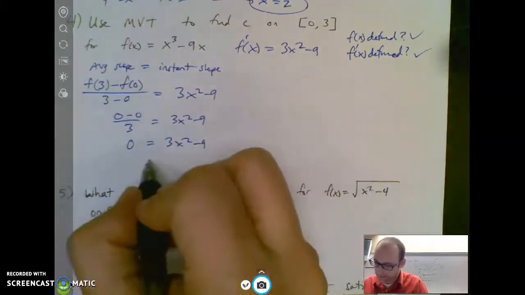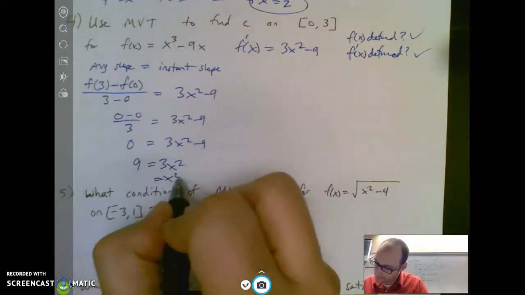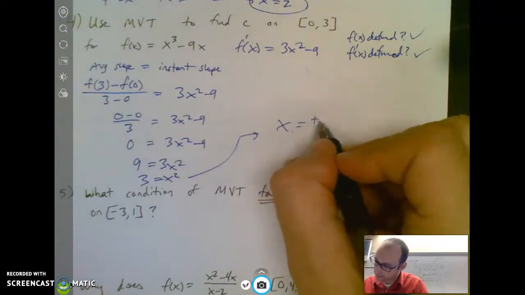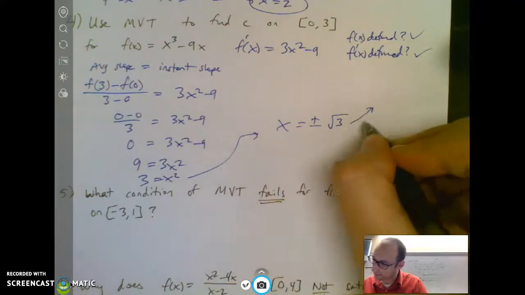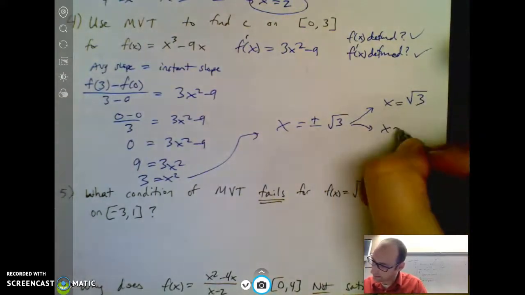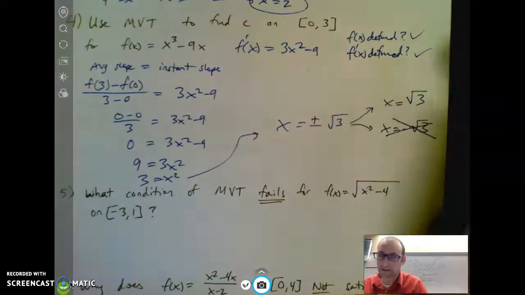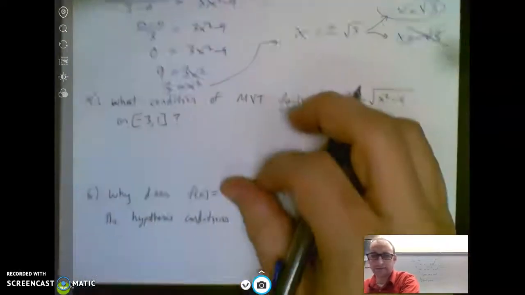And then I go to solve this guy, take the 9 to the other side, divide by 3, and you get x squared is 3, so x is plus or minus radical 3. Do I keep both those answers? Probably not. Radical 3 and negative radical 3. This one's not on my interval, so this is the place where the average slope equals the instant slope.